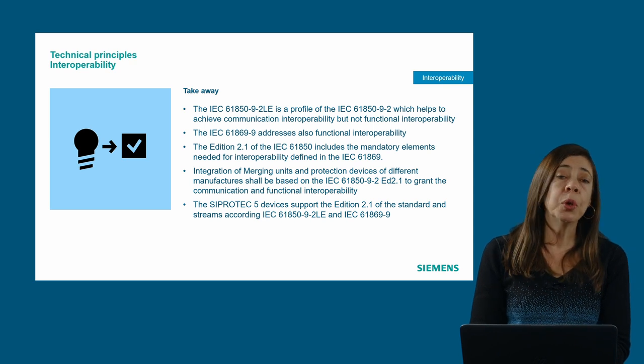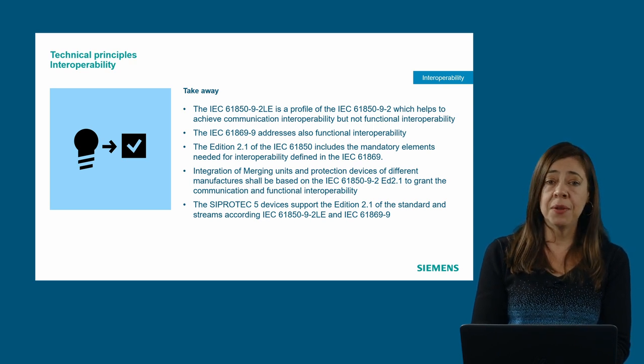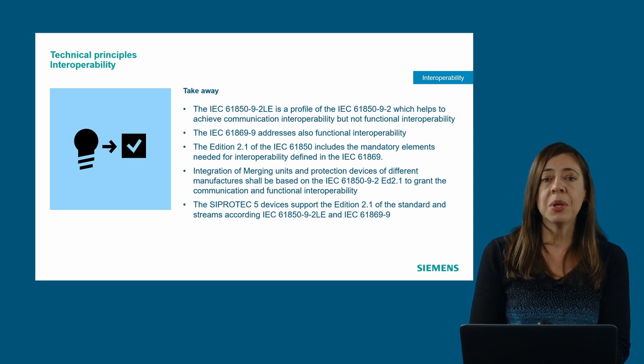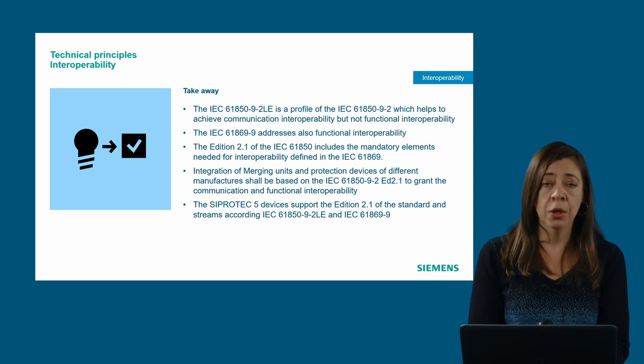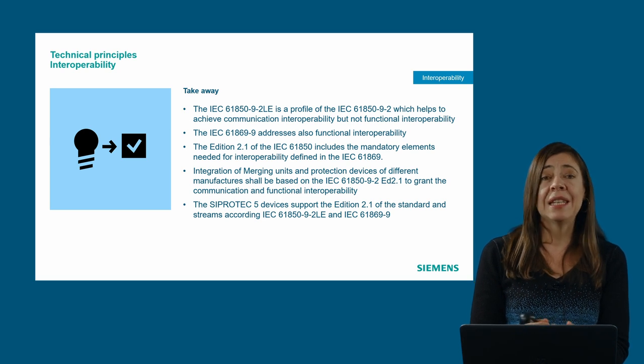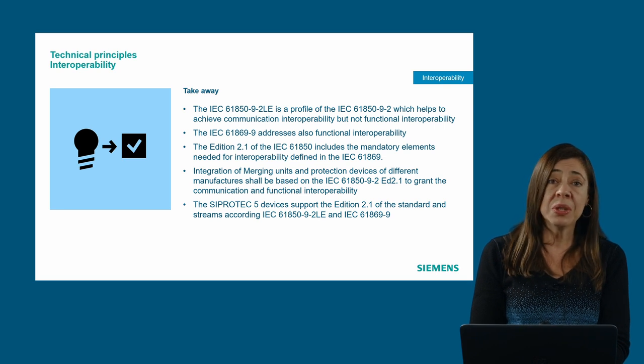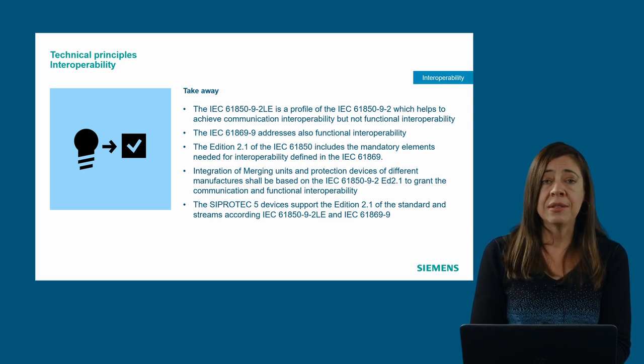The edition 2.1 of the IEC 61850 includes the mandatory elements defined by the instrument transformers to grant this functional interoperability. Therefore, the integration of merging unit and protection devices from different vendors must be done using the edition 2.1 of the IEC 61850 standard.